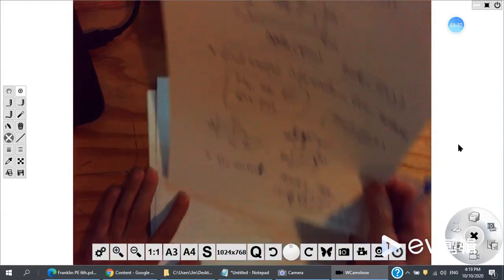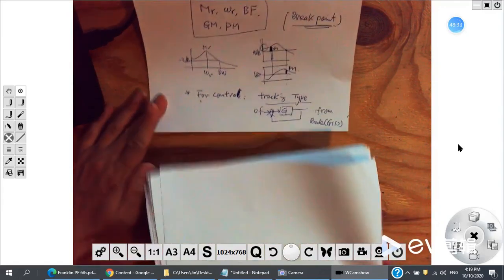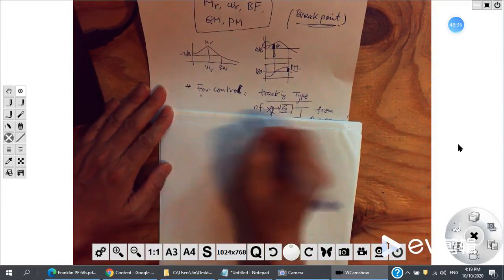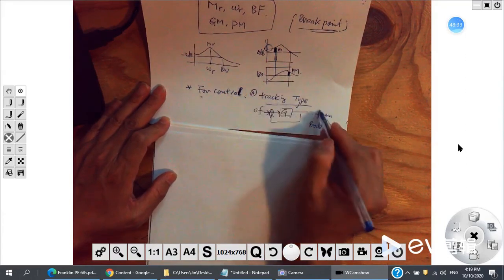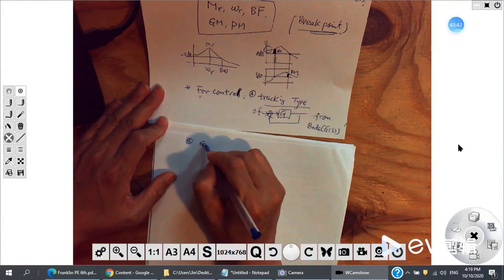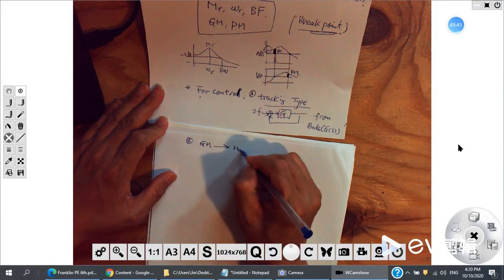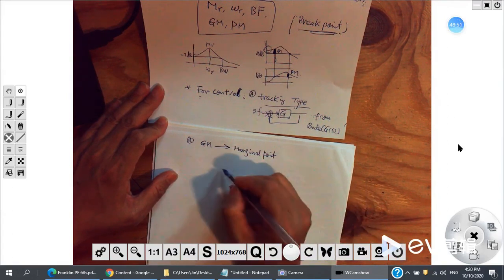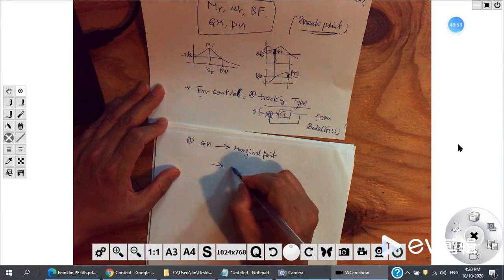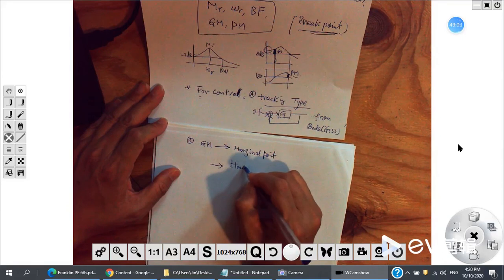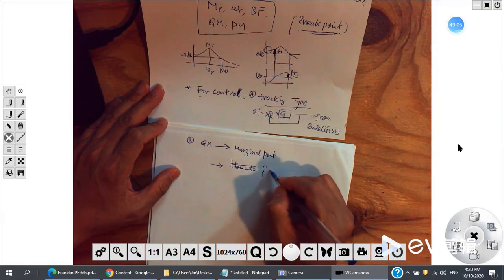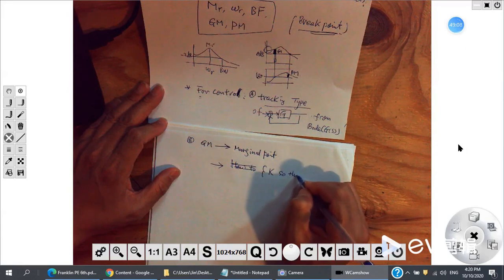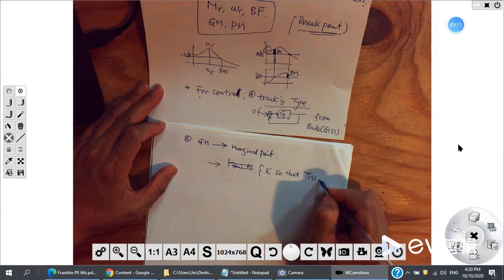And the second one is gain margin. Gain margin gives you the marginal point. A is the tracking type. B is the gain margin. It gives us the marginal point. And then, you know, not so accurate, but related to the topic is how to find the range of K so that T(s) is stable.